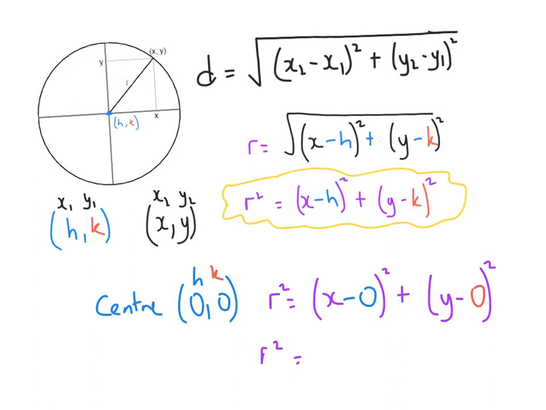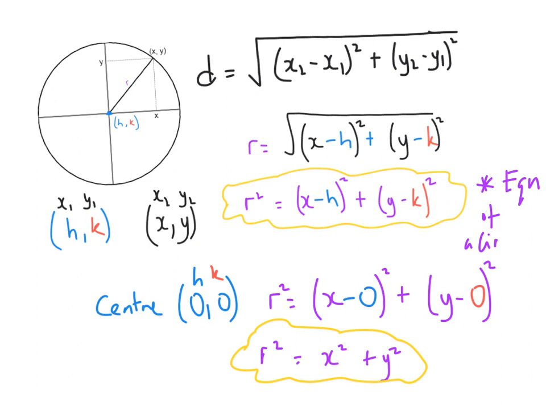So r squared is equal to x squared plus y squared. Okay, so that's another important formula we're going to use. This formula here, our general formula for the equation of a circle, is in our log tables. This is not, but we can clearly see by substituting in 0, 0 for h and k that that's where we get this from. Okay, so here, it's so important, and it's our equation of a circle formula.